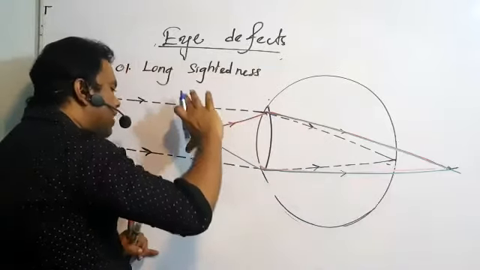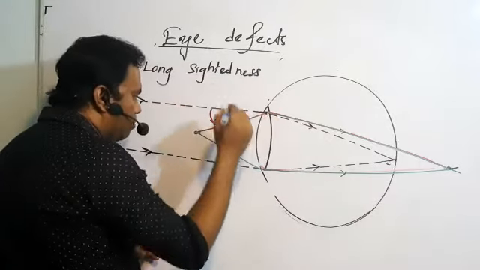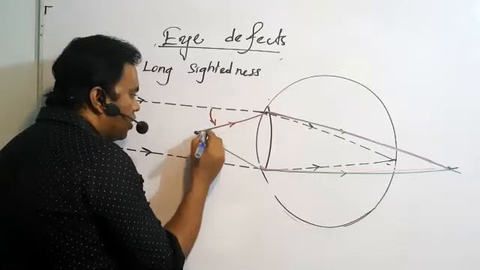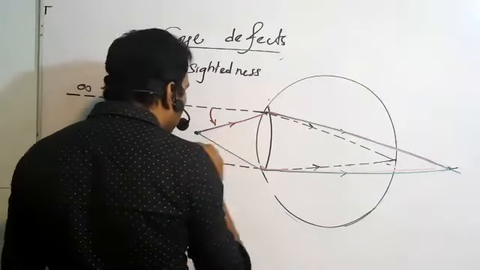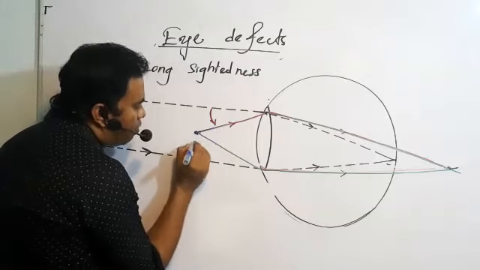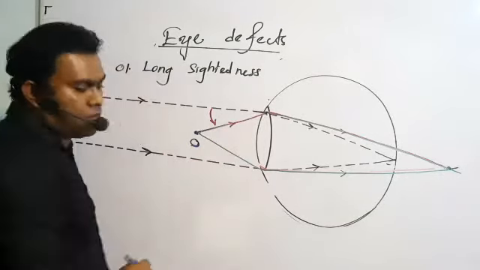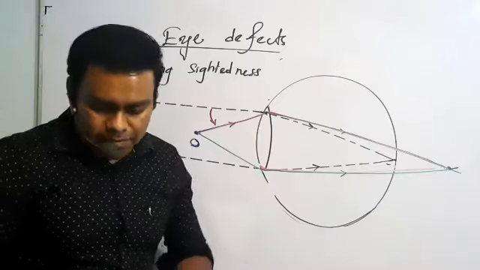Keeping it as the template, keeping it as the block, now we are going to assume what happens to the light ray coming from an object situated closer to the eye. Who can understand this?